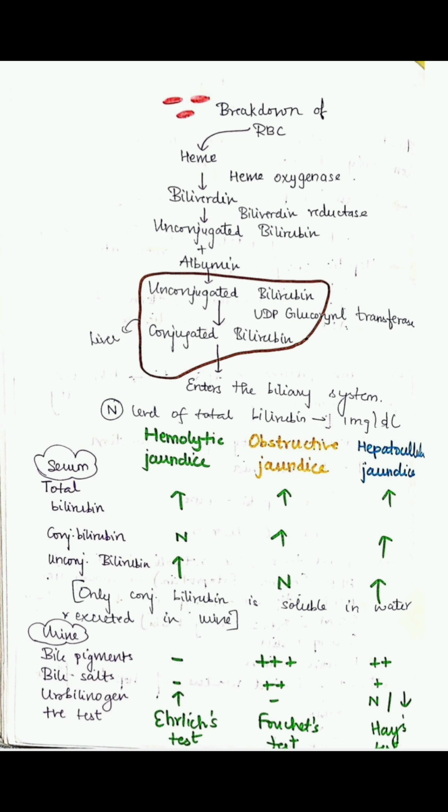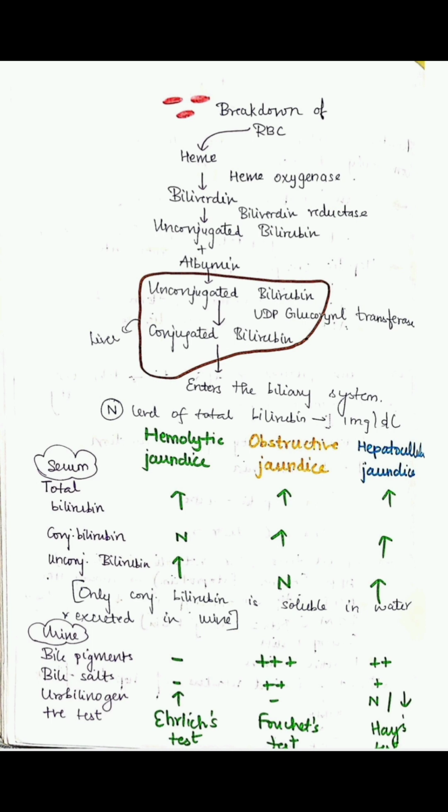When RBCs are broken down, heme is released and it is converted into biliverdin by heme oxygenase. Biliverdin is converted into unconjugated bilirubin by biliverdin reductase. This binds with albumin and enters the liver, where it gets converted into conjugated bilirubin by UDP glucuronyl transferase, which then finally enters the biliary system.